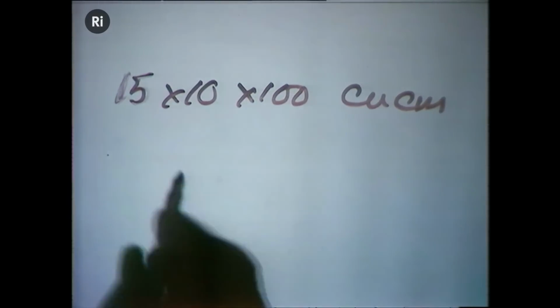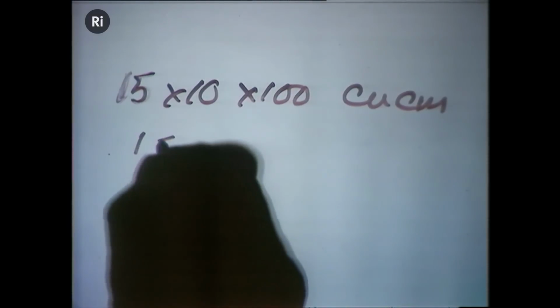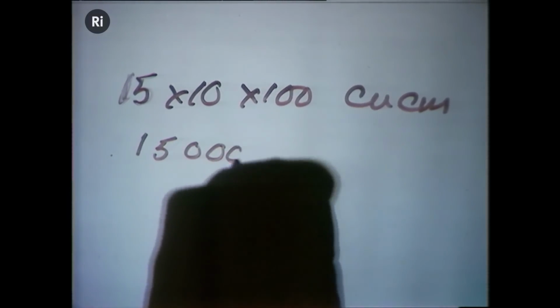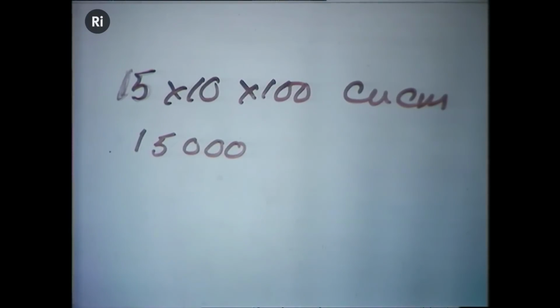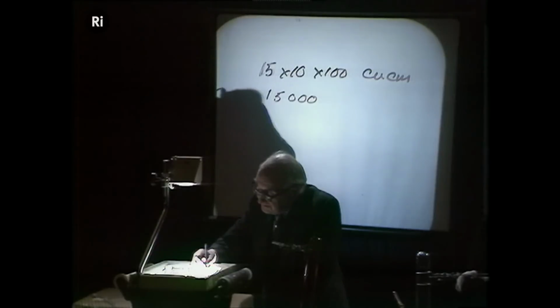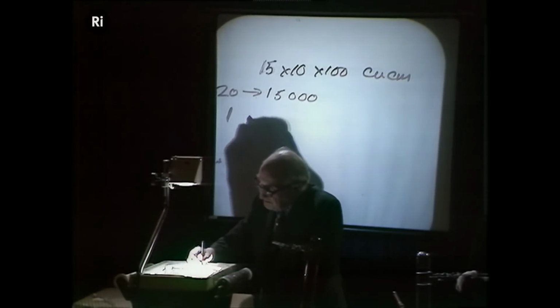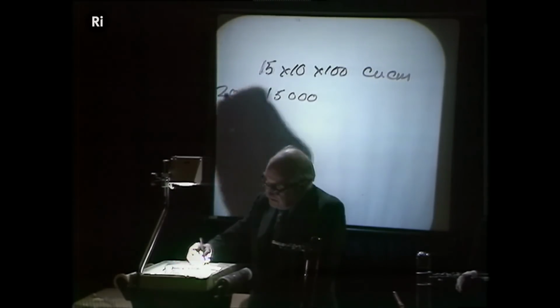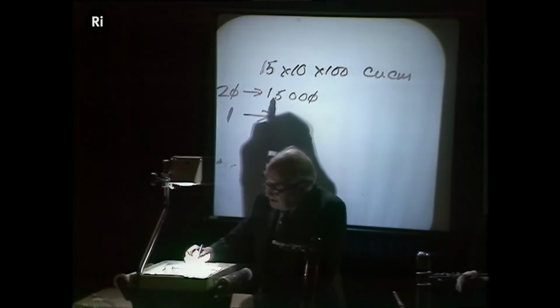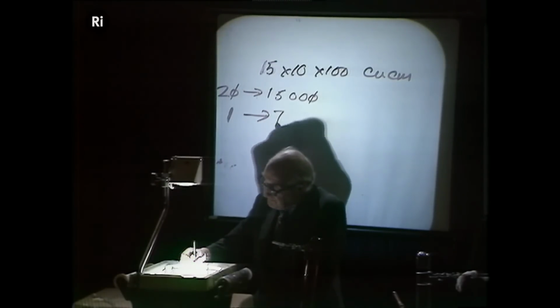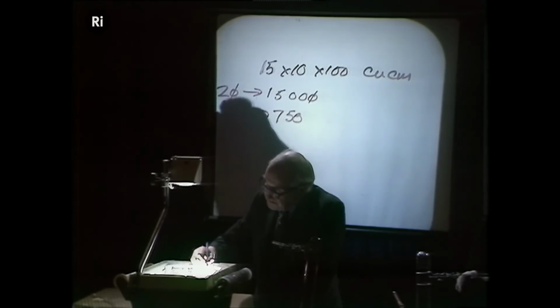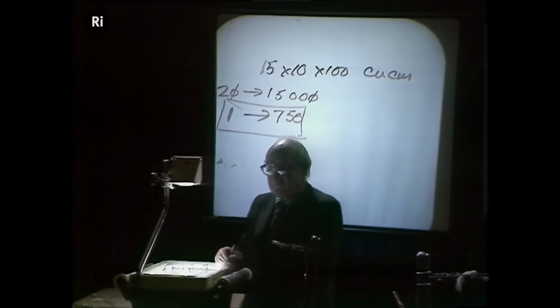And that comes to altogether 15,000 cubic centimeters from 20 cubic centimeters. And so from 1 cubic centimeter, we divide by 10, and we divide by 2, 750. And so it's a change of volume of 1 to 750.